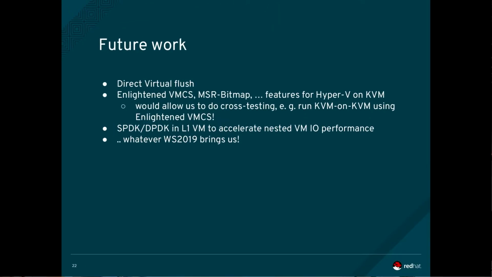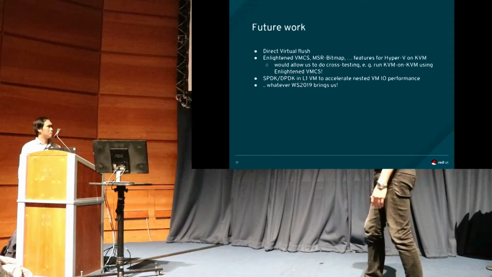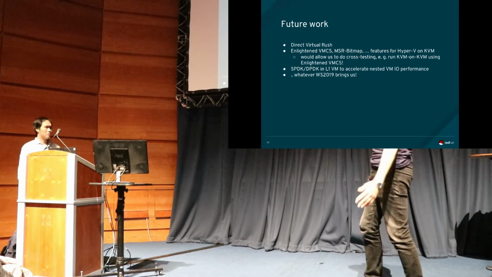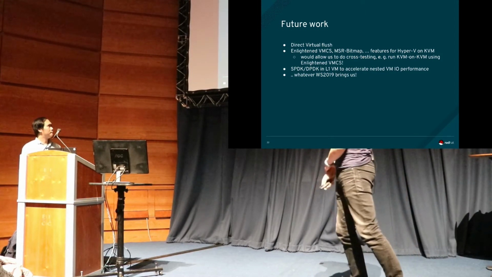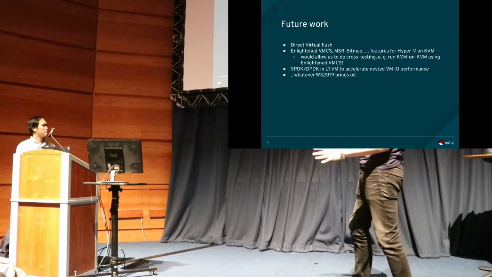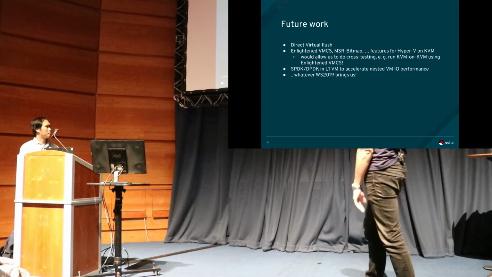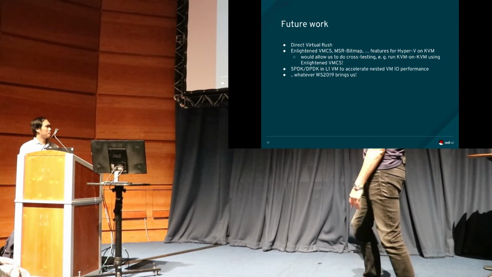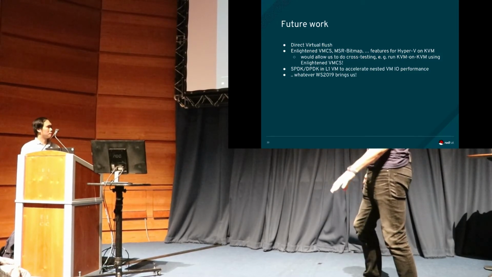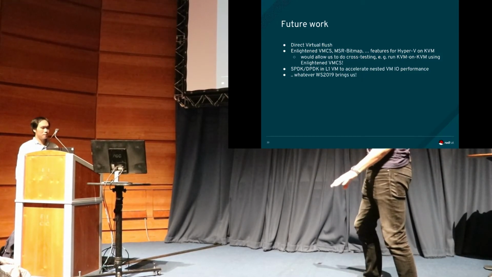The other thing is with the direct flush, we can try to send an RFC disabling KVM hypercalls in KVM. I'm not sure if KVM maintainers will like such an approach, that in some cases Linux on KVM will use Hyper-V hypercalls exclusively. We're also working on putting the server side of the same features in KVM, enabling Hyper-V on KVM.